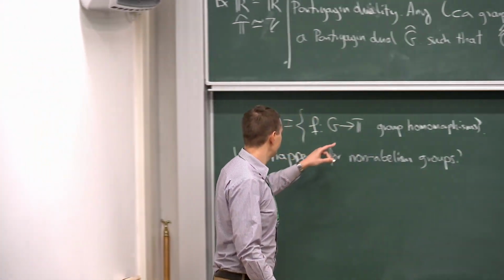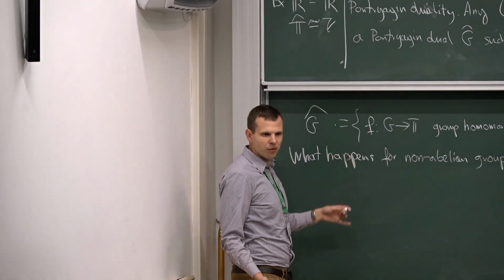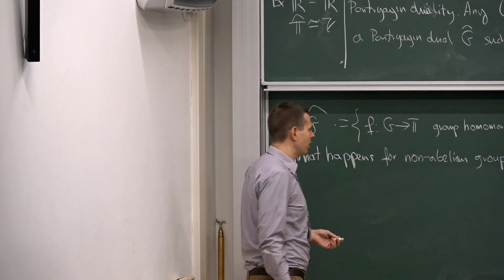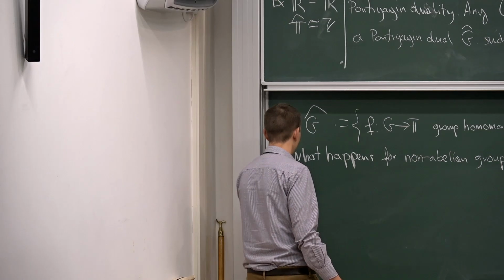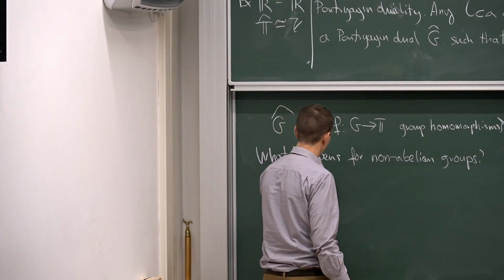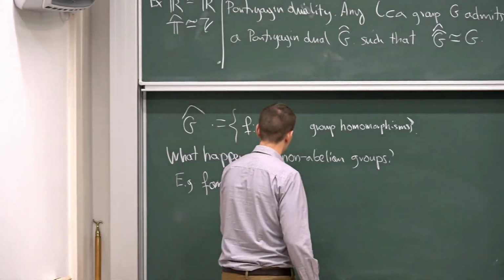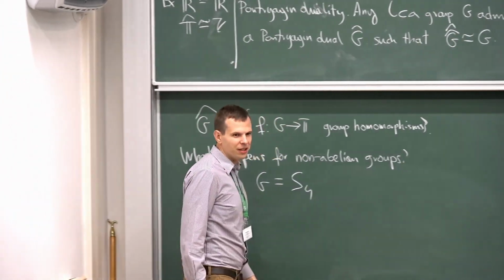Well, you can always form this Pontryagin dual, but it just can be very small. Like for example, if your group is a nice finite group, like permutations on, I don't know, 4 elements.